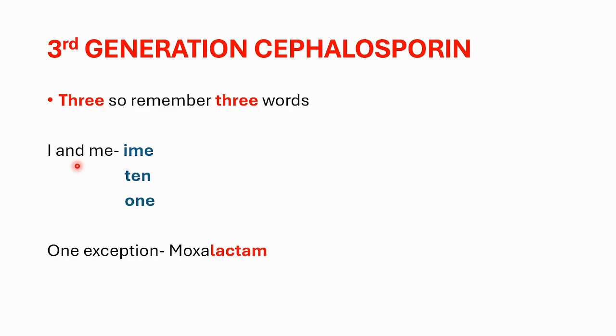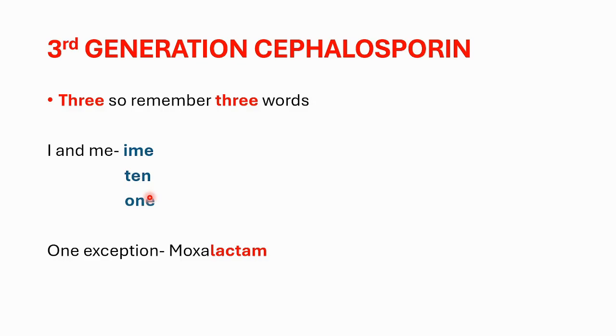So now let's skip second generation for a while and come to third generation. For the third generation, remember this. The number 3 relates to 3 letters. Like I and ME makes IME. TEN also has 3 letters and ONE also has 3 letters.